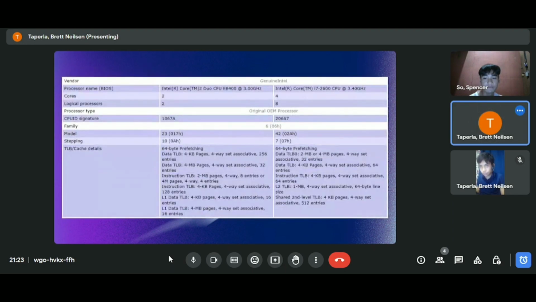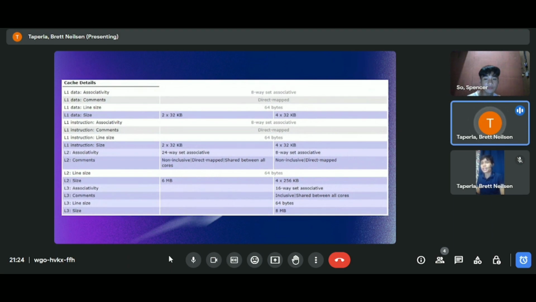The Core 2 Duo has an Intel Core 2 Duo CPU E8400 whereas the Intel Core i7 is 3.40 gigahertz whereas the Core 2 Duo is 3 gigahertz. The Intel Core 2 Duo has 2 cores and the Intel Core i7 has 4. The logical processors of the Intel Core 2 are 2 and the Intel Core i7 is 8.